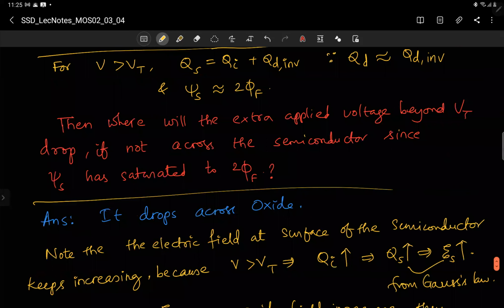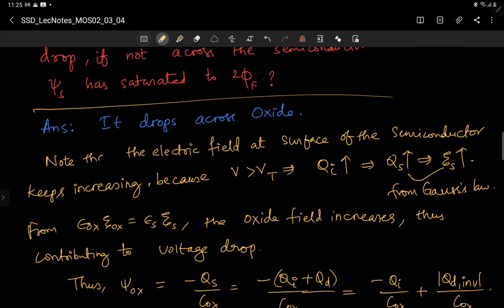So note that the electric field at the surface of the semiconductor keeps increasing, because V greater than VT implies QI is increasing, which implies total QS increases, which implies the electric field at the surface increases, from Gauss's law. You see that the electric field at the surface has increased from this value to this value.